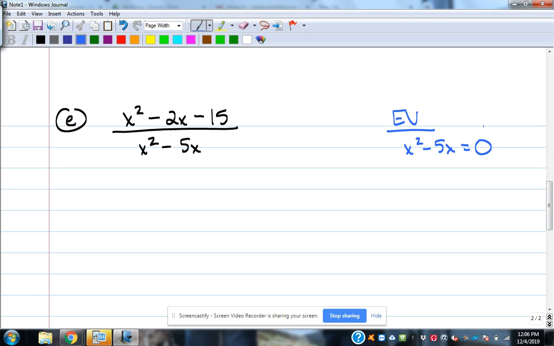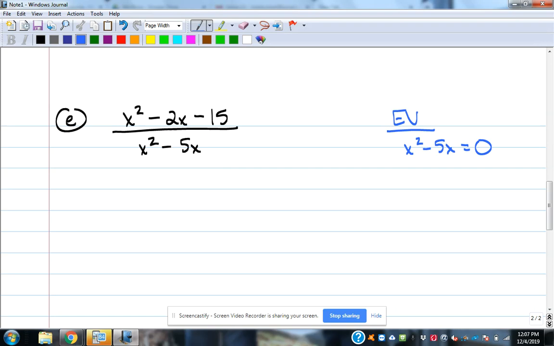And when you're trying to find your excluded values, your first instinct should be to factor that denominator, because you're going to need that factoring later on to be able to simplify the fraction anyway. So let's make sure that you're factoring that denominator in order to solve it.